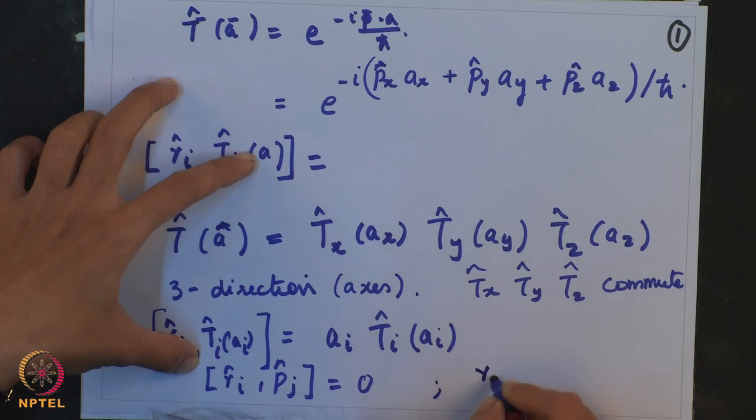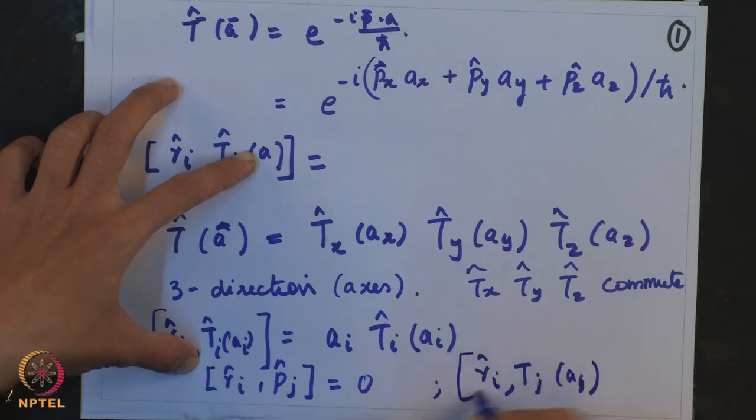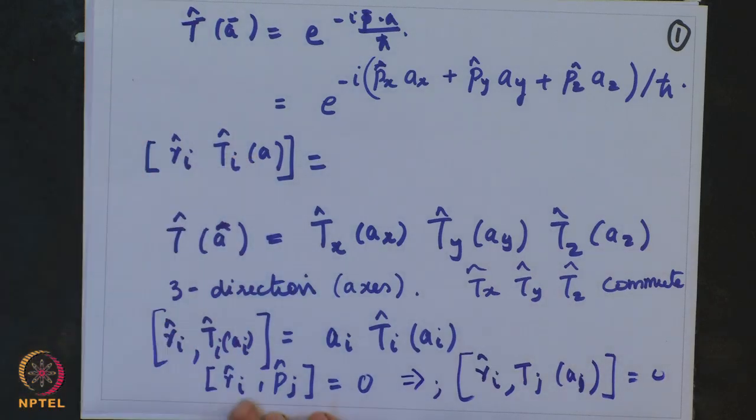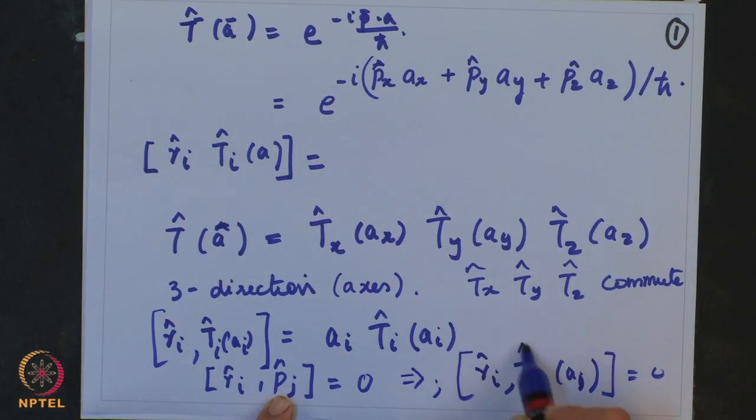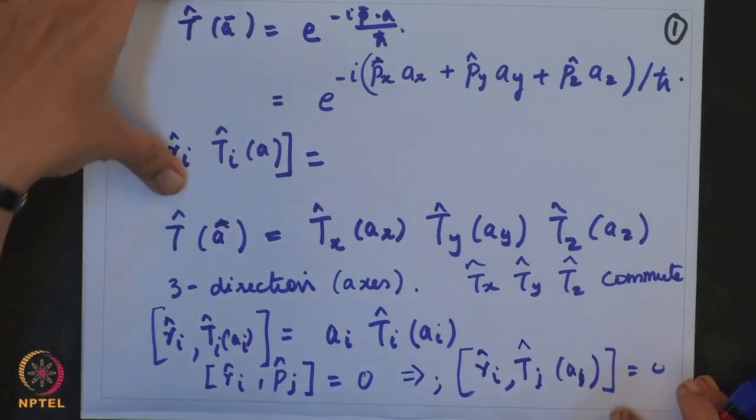So, we have [R_i, T_j(A_j)], which would imply this, because T_j depends on P_j. So, if I have a P_j, then I have a T_j for which the commutator will be equal to 0.